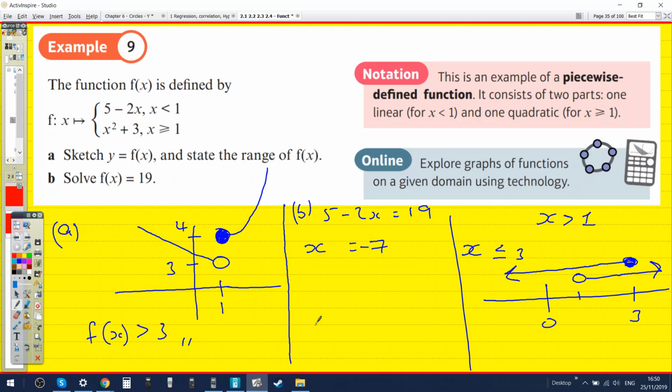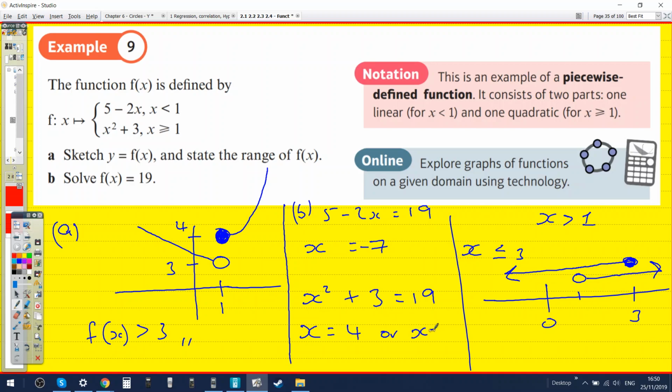Yeah. And what's next? And then the x squared plus 3 equals 19. And then x equals 4. And is it x equals 4 or x equals minus 4?